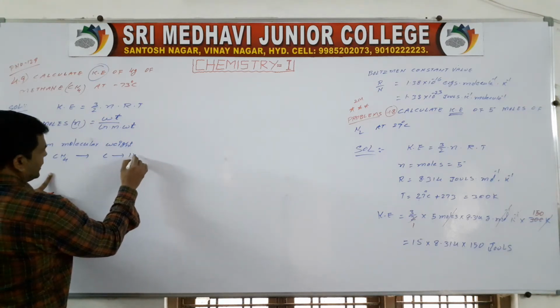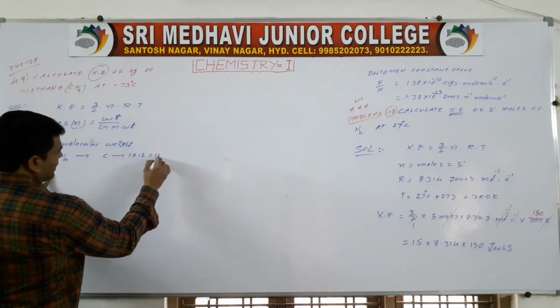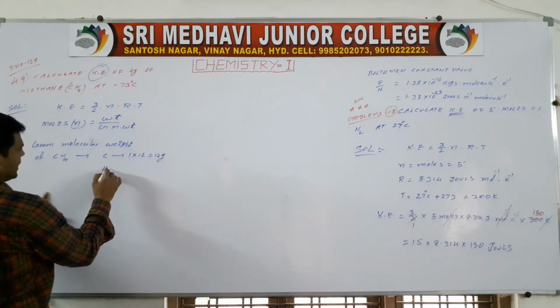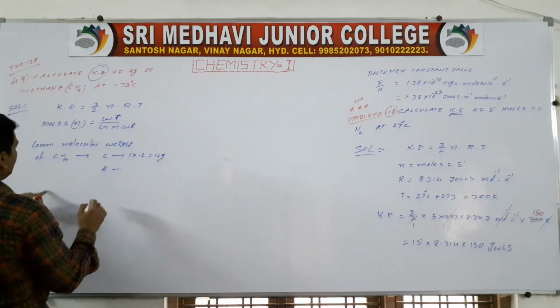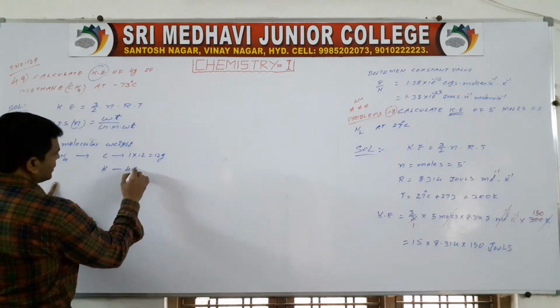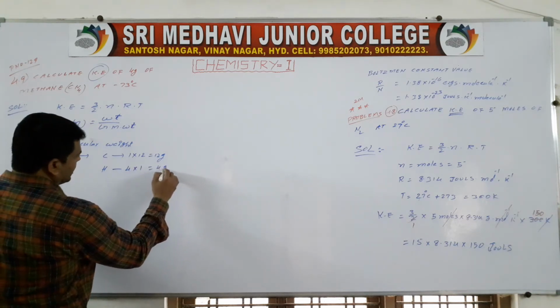Carbon 1 into 12 equals 12 grams. How many hydrogens? 4. 4 into 1 is 4 grams.